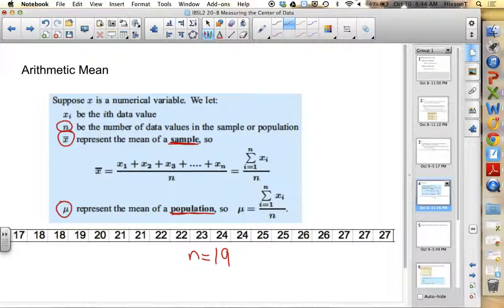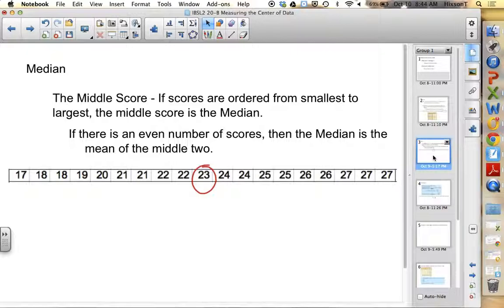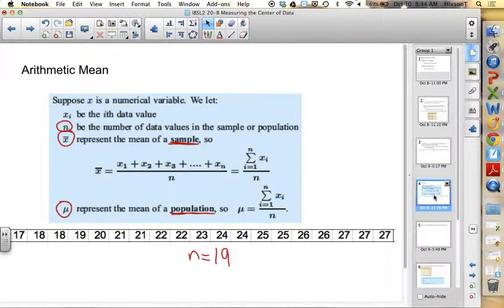So, this brings the question, why define center three different ways? Why do we need a mode versus a median versus an arithmetic mean?